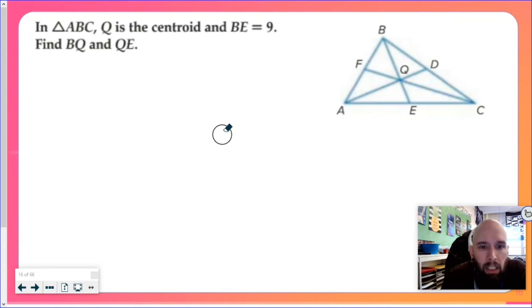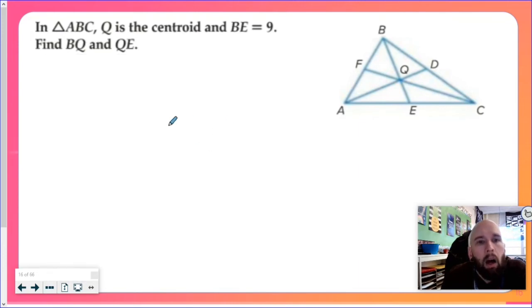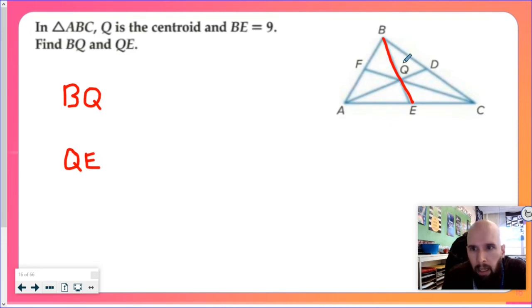In ABC, Q is the centroid, and BE, this whole thing, is 9. I want to find BQ and QE. Now, the whole thing is 9.